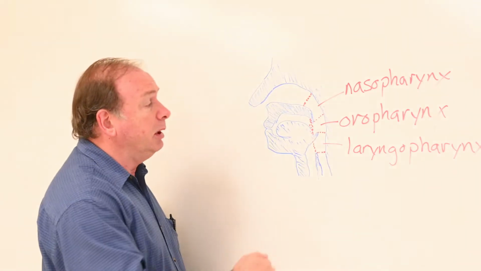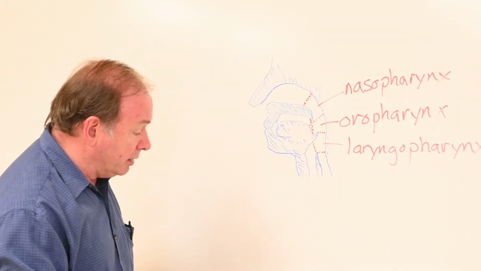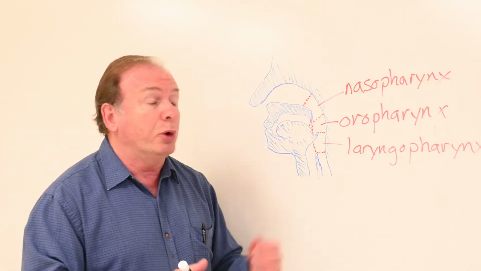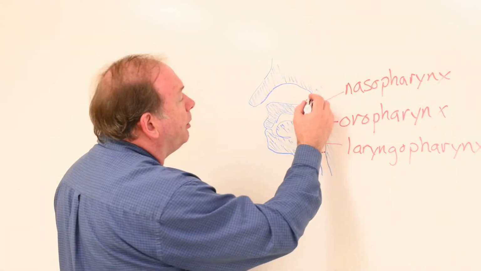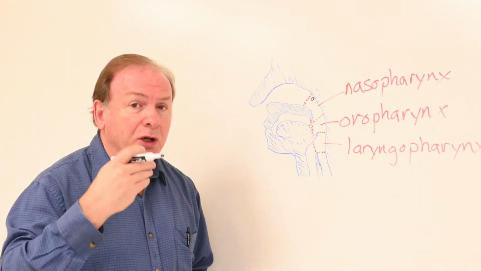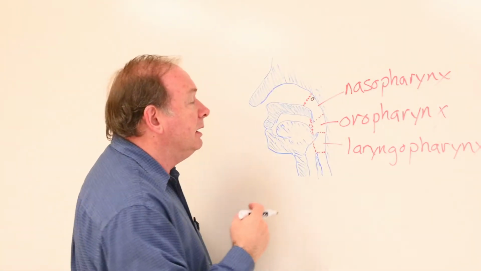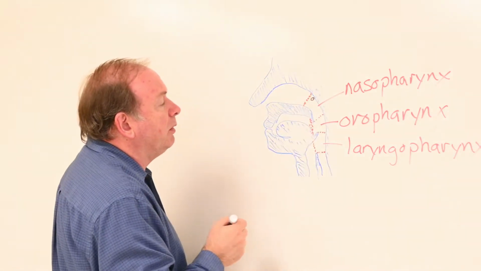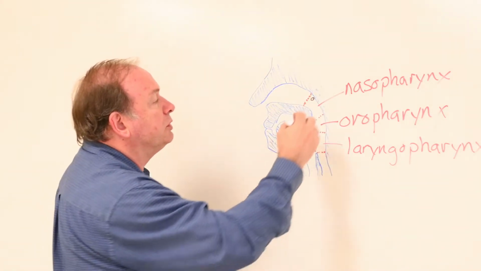Now let's talk a little bit about what we find in those areas. There's a small opening to your eustachian tube up here in the top of your nasopharynx, a tiny little tube that connects between your middle ear space behind your eardrum to the pharynx. That little opening right there would be the opening to the eustachian tube.